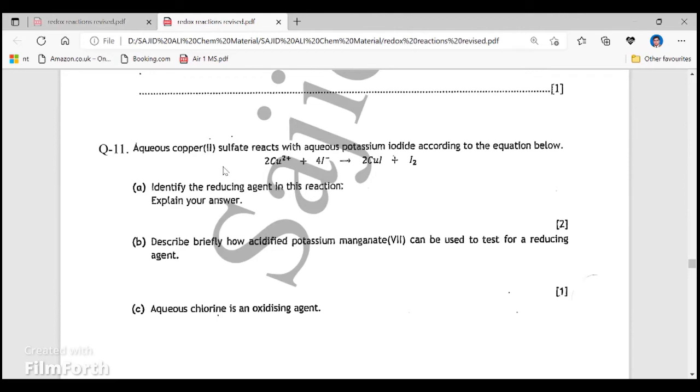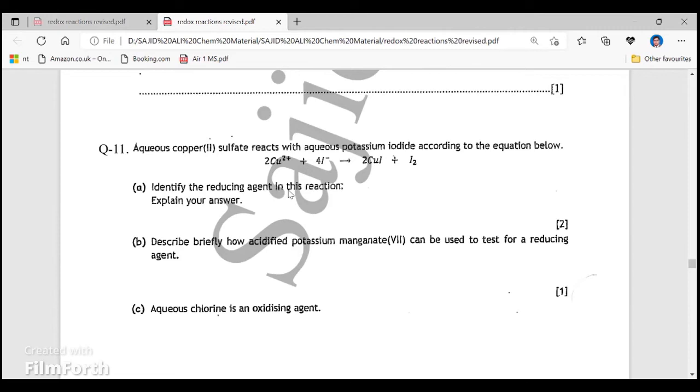This is copper 2, and this is copper(I) iodide, CuI. If it were copper(II) iodide, you would write CuI2, but this is CuI, so this is copper(I) iodide.